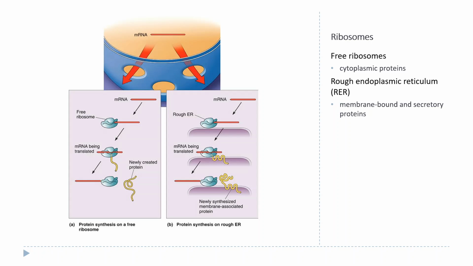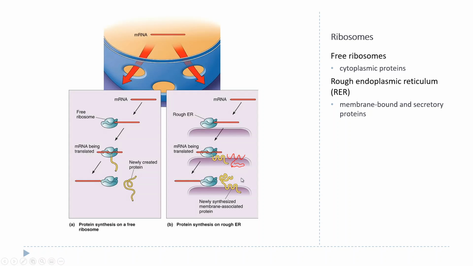So those ribosomes sit on the ER membrane, and as those proteins get made, they get threaded through the membrane, either all the way in or embedded into that membrane.